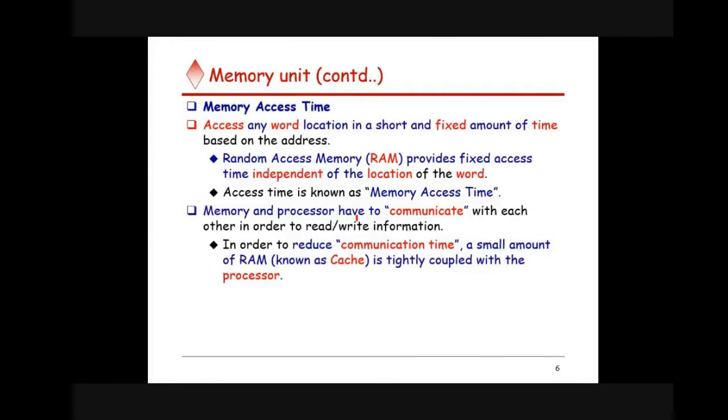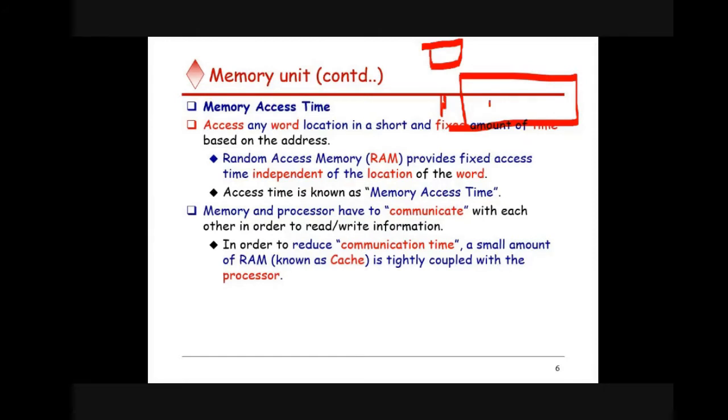Next one is about how much time is required for communicating. Already we saw that there is a separate memory unit, and there is a set of memory already present inside the processor itself. What are we calling that type of memory present inside the processor?